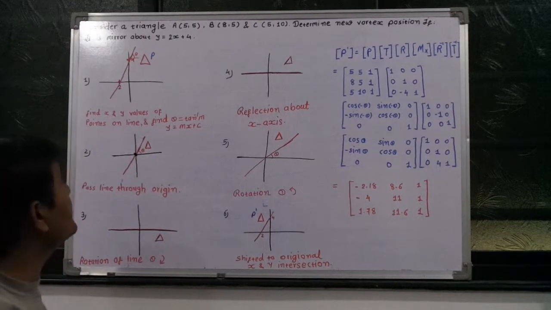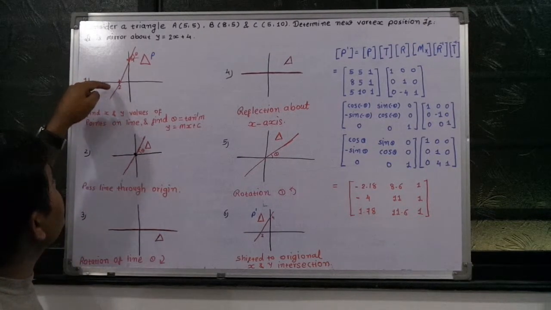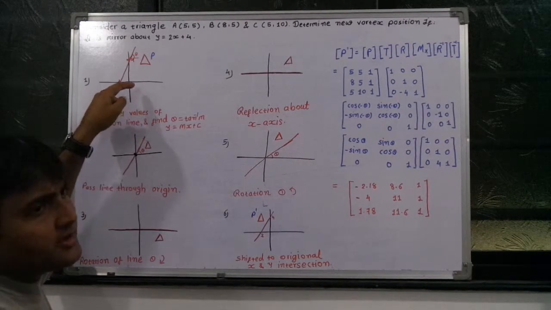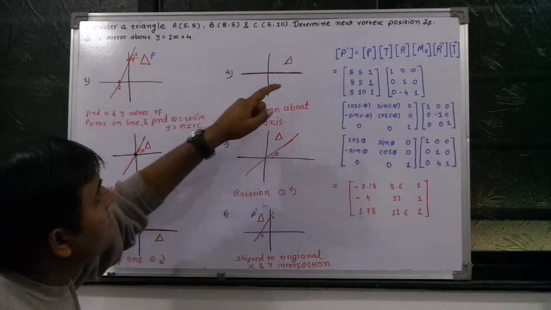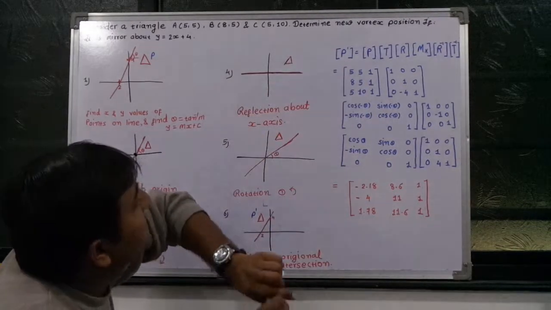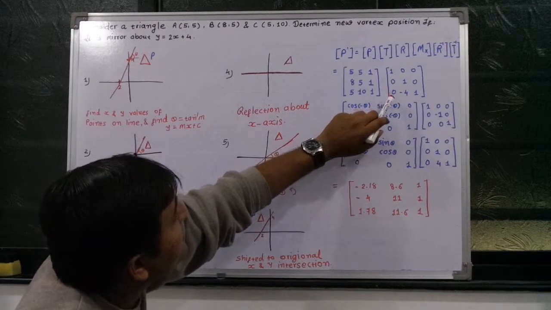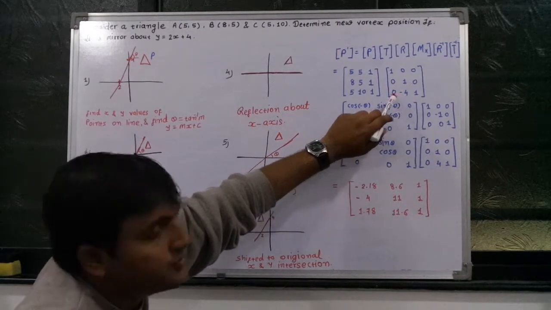This is the simple procedure. Now one can say that it can be transferred from minus 2 to 0, correct? That can be done. In that case, instead of 0, minus 4, the T matrix would be 2, 0.